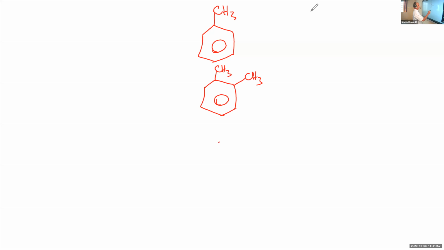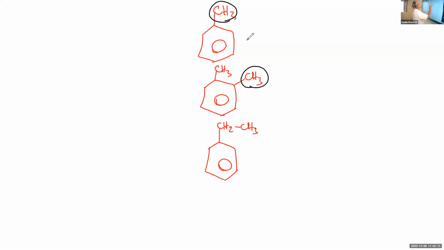We can take another compound, ethyl benzene, CH2, CH3. In all these cases, the CH3 group is a side chain and the rest is the nucleus, the aromatic nucleus.